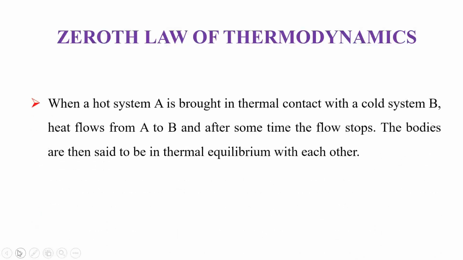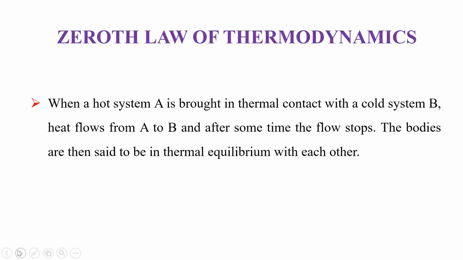When a hot system or hot body A is in thermal contact with a cold system or cold body B, heat flows from A to B, and after some time the flow stops. The bodies are then said to be in thermal equilibrium with each other.